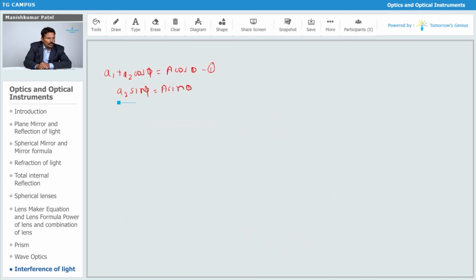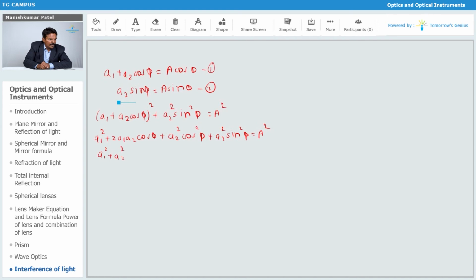Taking the square and adding these two equations, we get a1 plus a2 cos phi squared plus a2 square sine square phi equals A square. So this is a1 square plus 2a1a2 cos phi plus a2 square cos square phi plus a2 square sine square phi equals A square. So a1 square plus a2 square plus 2a1a2 cos phi is equal to A square.